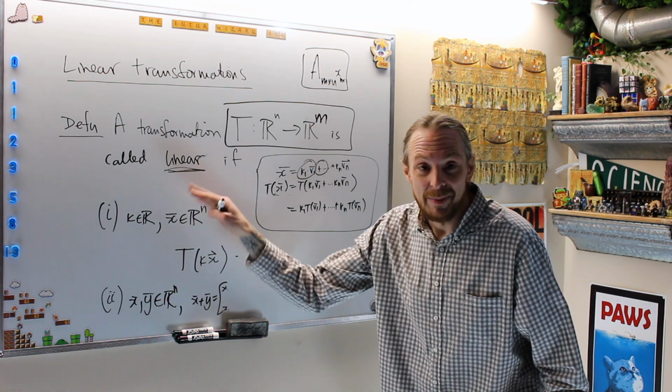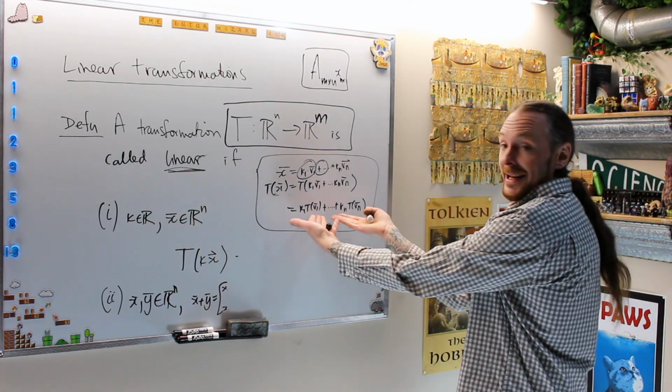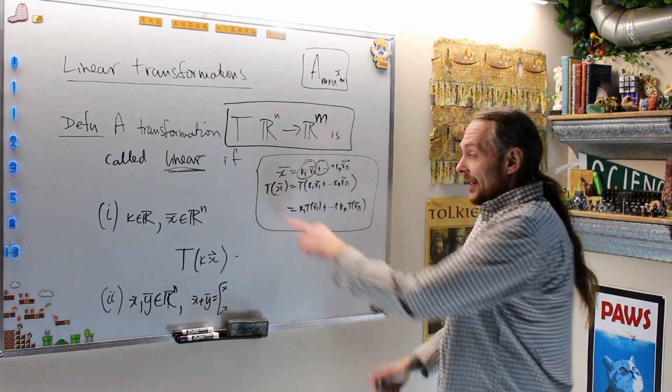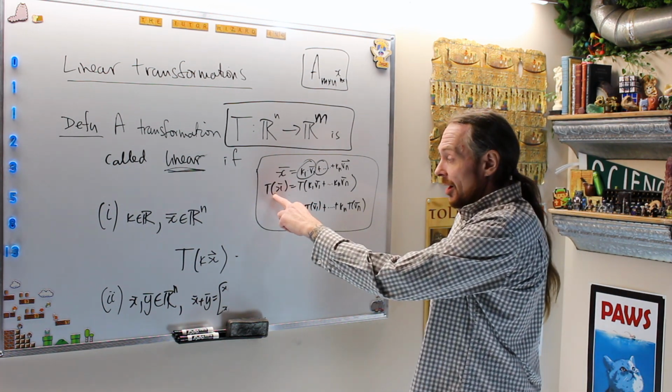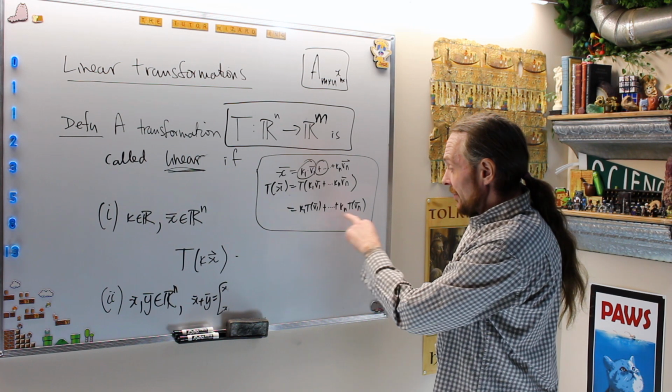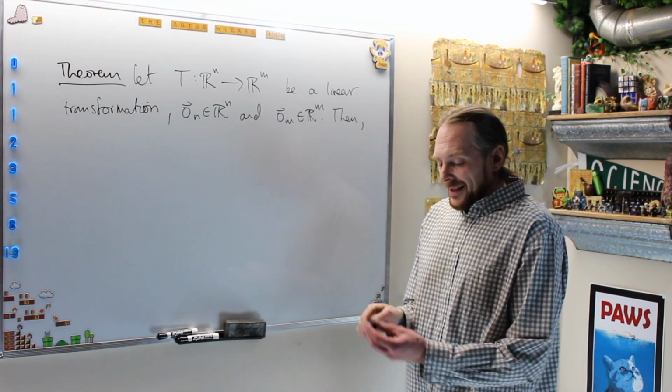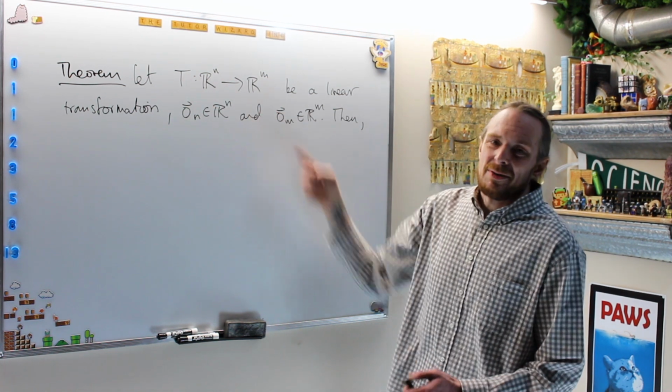And if it behaves well, I know that I can get this in the image space. And therefore, every point is uniquely determined under this operator by where it goes under these image vectors.